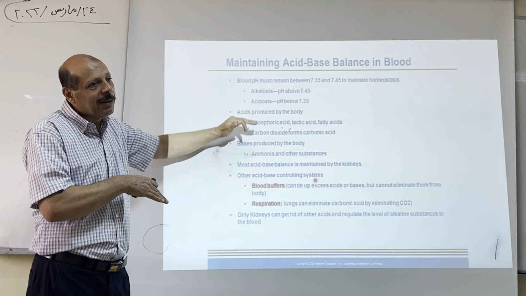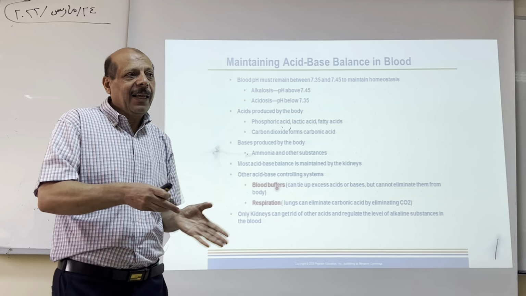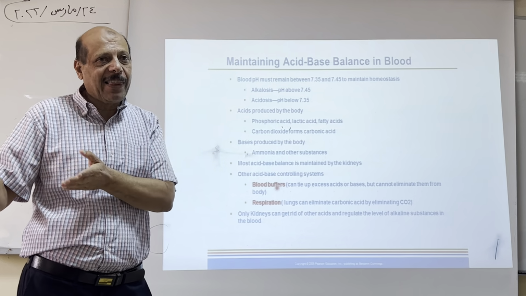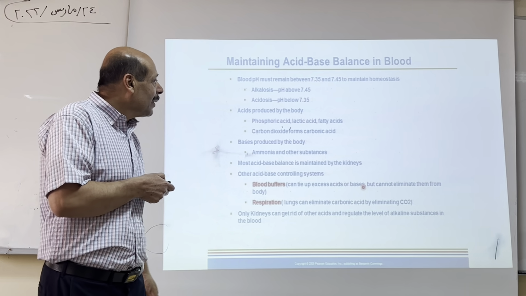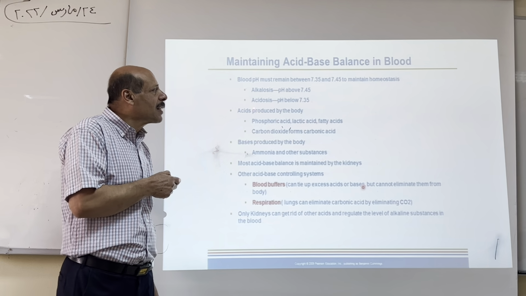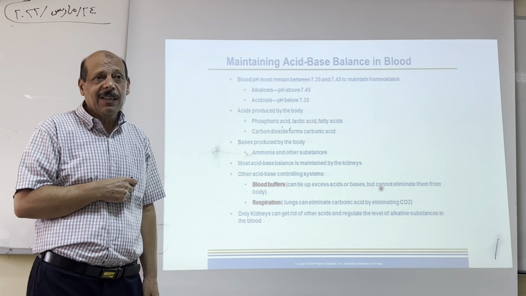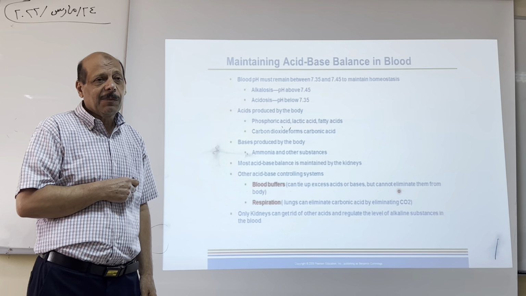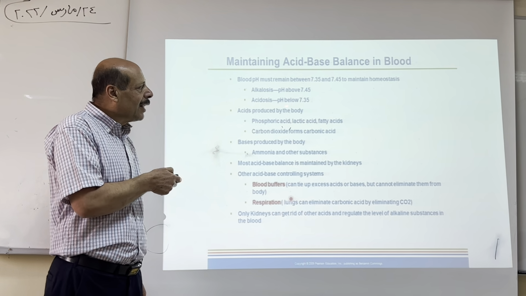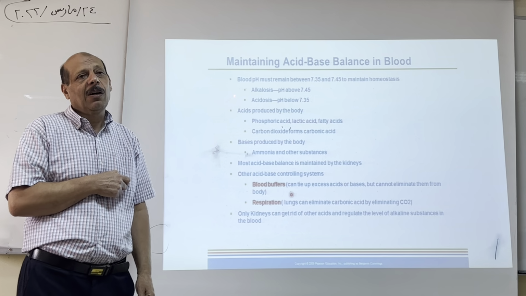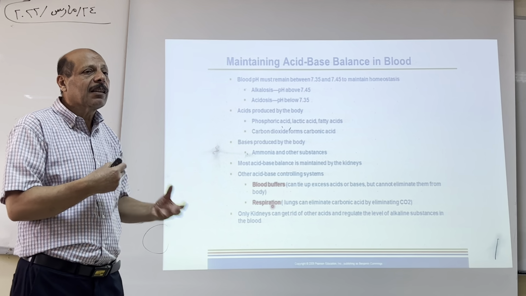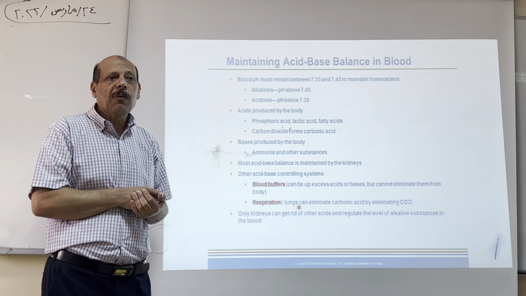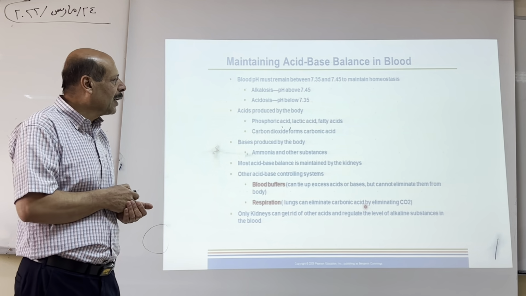You know, in solution outside, we said that it is acidic if it is less than 7. But in our body, even if it is 7, it is considered acidosis because it is less than the required pH of the body. That will also interfere with the normal physiological processes in our body.